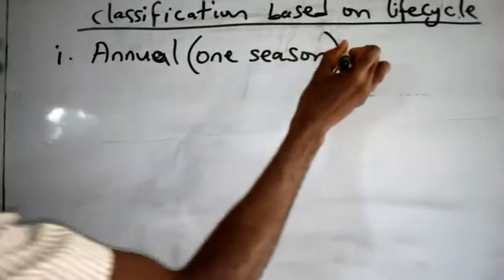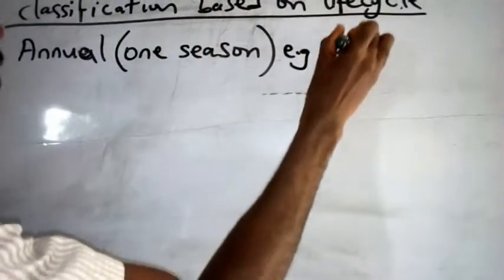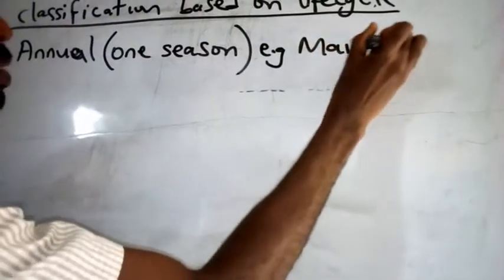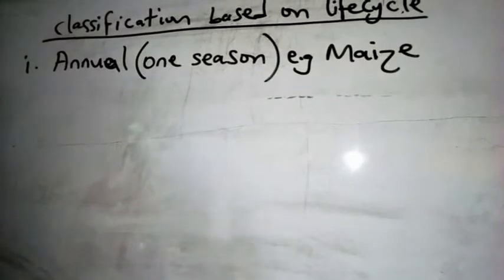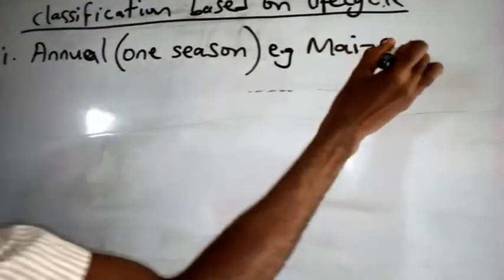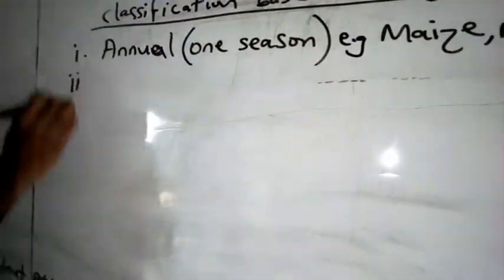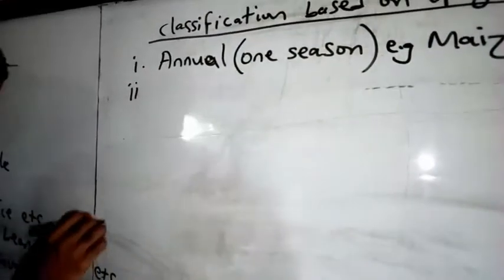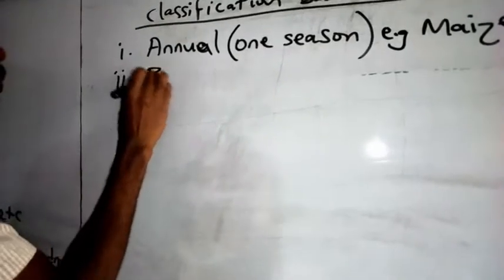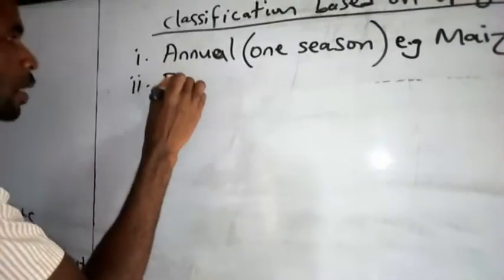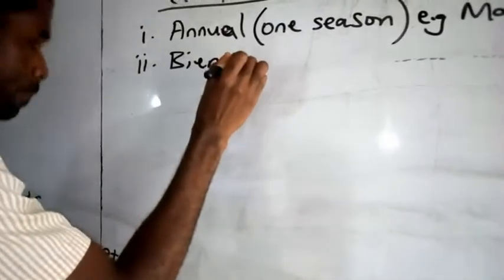An example of such plants could be the maize. Maize can only grow for 1 year, including rice, and there are others. Number 2, plants can be classified based on biennial.